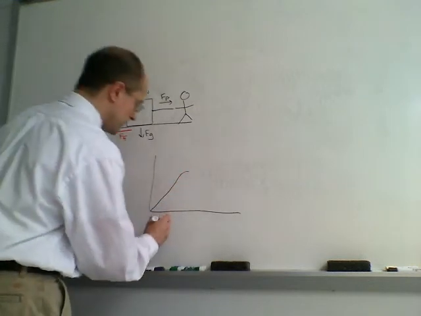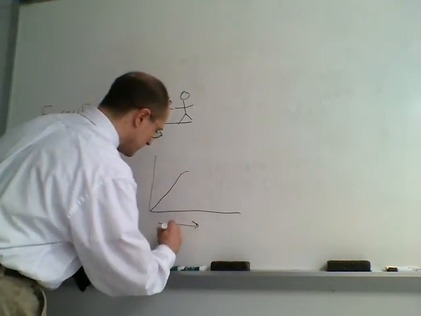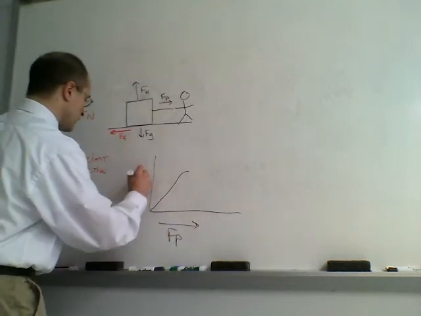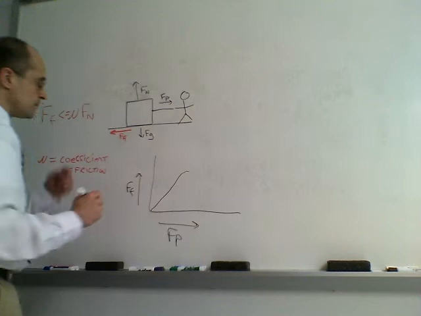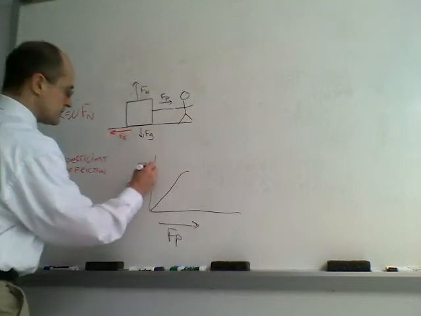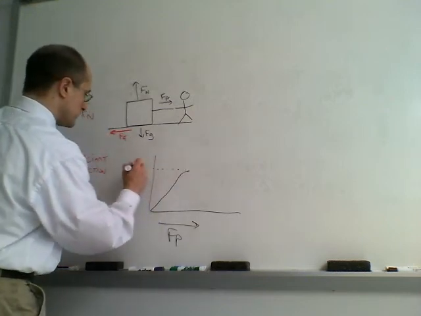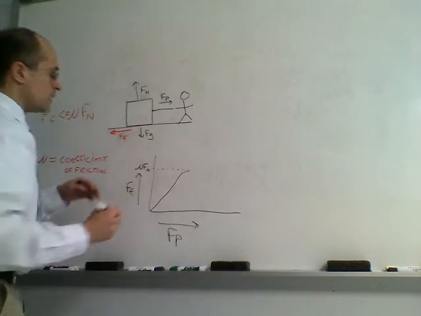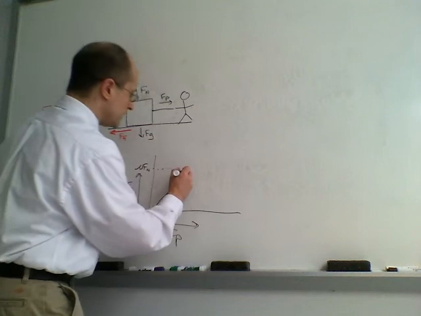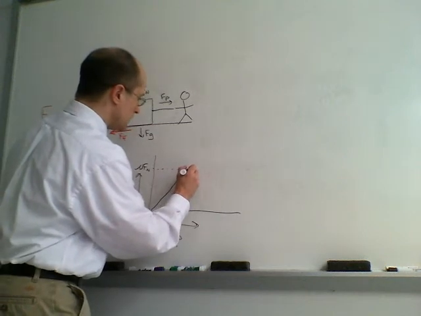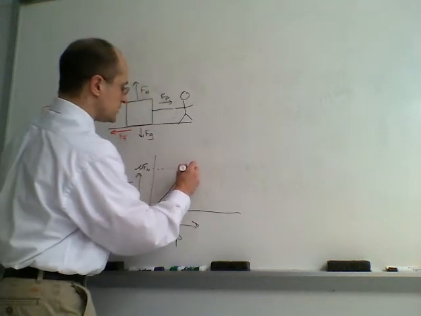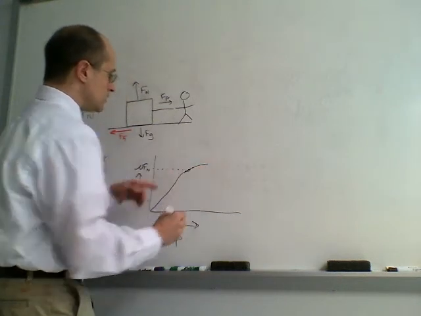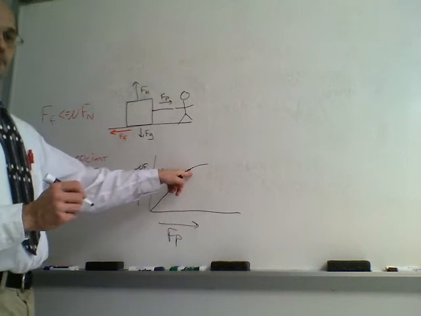On the x-axis is the force of my pull, increasing in this direction. The force of friction will increase up until mu Fn. Once you hit mu Fn and continue pulling, the force of friction doesn't grow anymore, and your force can continue to increase past it.